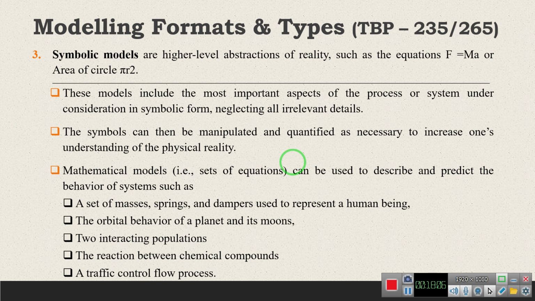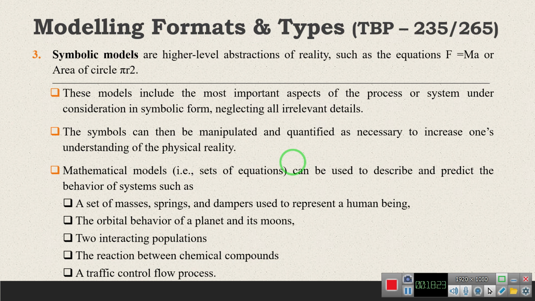We can have a computer simulation, or we can write equations for when the traffic is high or low, and relate the different ways on a highway or roads in the streets. So we can write a traffic control flow process.